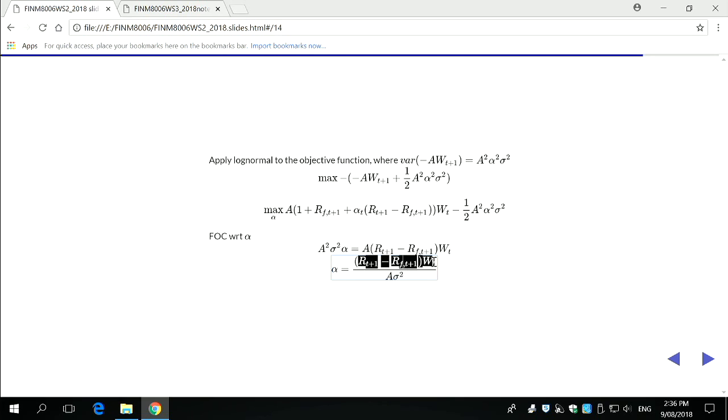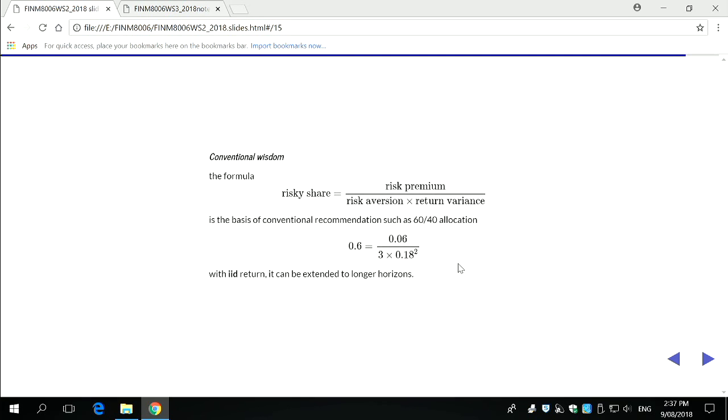You have the expected risk premium on the top, and then this is just your initial wealth itself. Then you have risk aversion A on the bottom and the variance of the risky assets sigma square on the bottom. All right? So in fact, this is something really general. Risky asset equals risk premium divided by your risk aversion times the return variance.